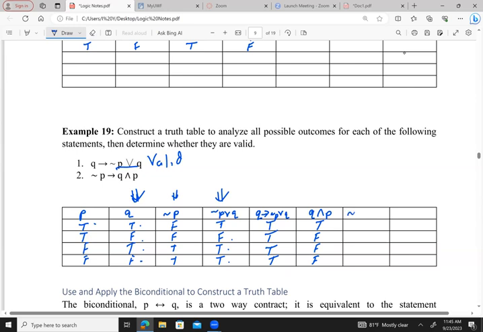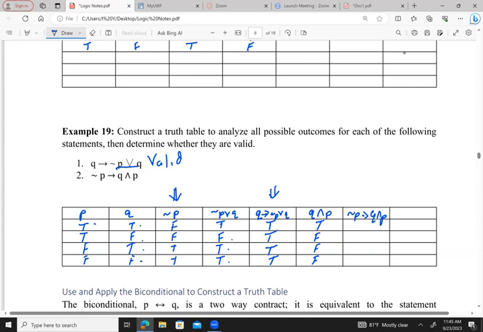Now I'm looking at not P, then Q and P. It's an if then, so is there any time when not P is true that Q and P is false?